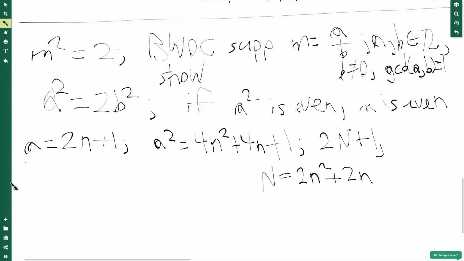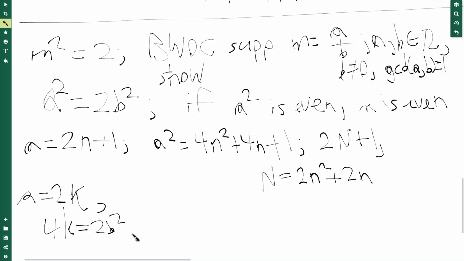So that tells us that a is equal to, let's just say, 2k. So in other words, we have 4k squared equals 2b squared, I should say. So in other words, we have 2k squared equals b squared.